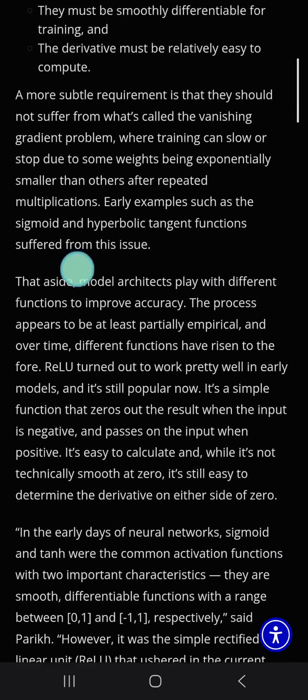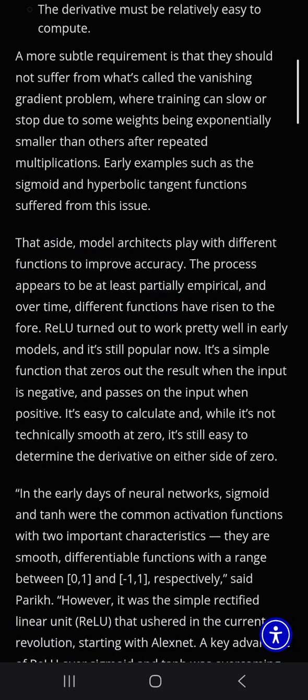That aside, a model architect can play with different functions to improve accuracy. The process appears to be at least partially empirical, and over time, different functions have risen to the fore. ReLU turned out to work pretty well in early models, and is still popular now.